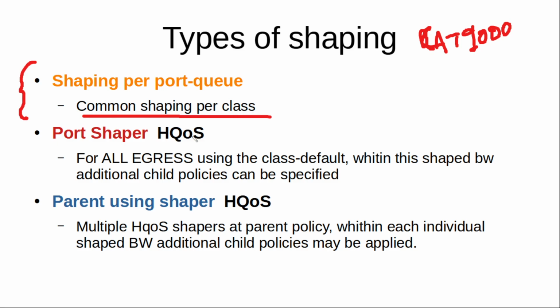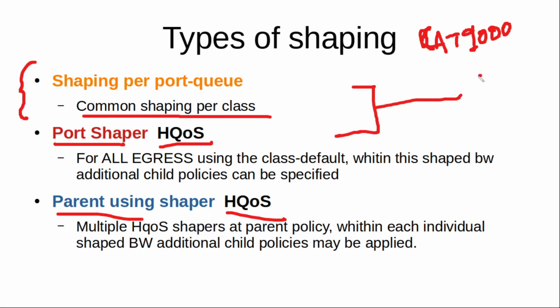Now we have two derivations with hierarchical quality of service. We have port shaper and pairing using shaper. Port shaper is actually a really cool feature because, for instance, if you are connecting your switch to a carrier and that carrier provider tells you that you only have, for instance, 500 megabits per second, then the port shaper will make sure that traffic here will abide by this maximum rate.